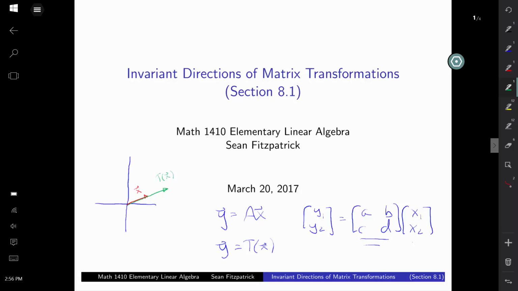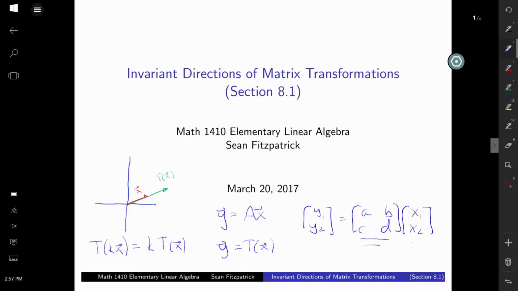Because one of the properties for a matrix transformation is that you can pull out scalars, that means that any multiple of x is going to get sent to something which is parallel to x.